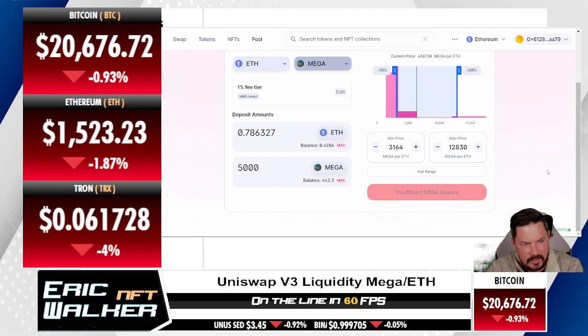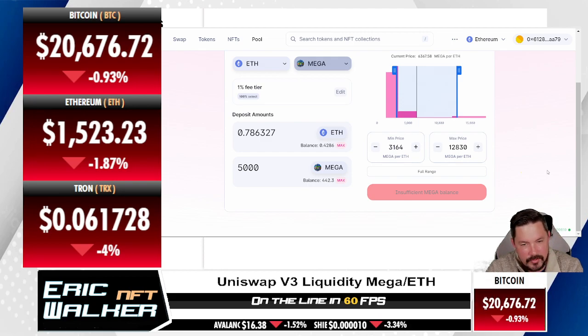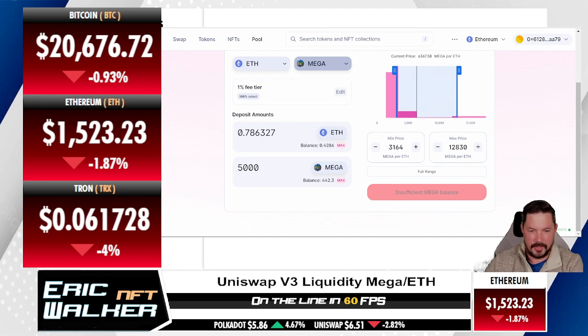That can be close to about 0.009 or 0.01, depending on the price of gas. So it may take you 2 to 3 weeks to collect enough fees to counteract that gas price, right? But that's part of the game we play, right?